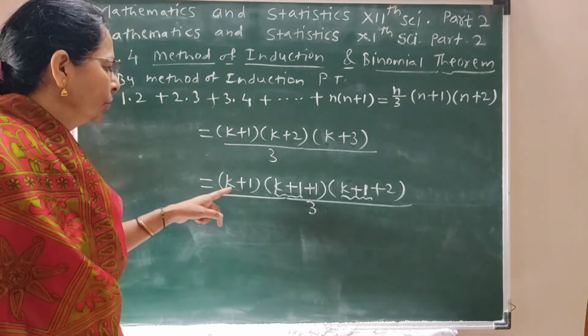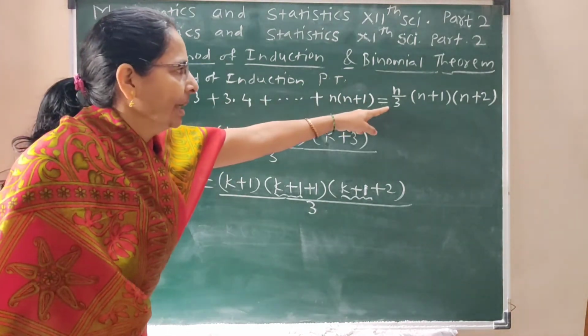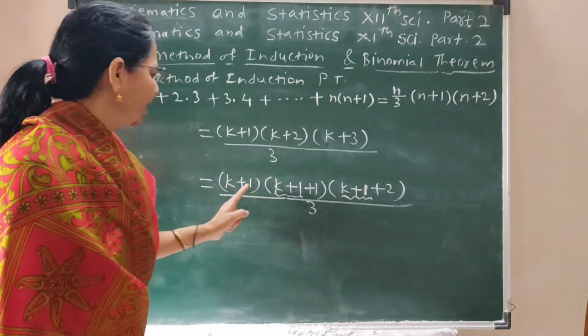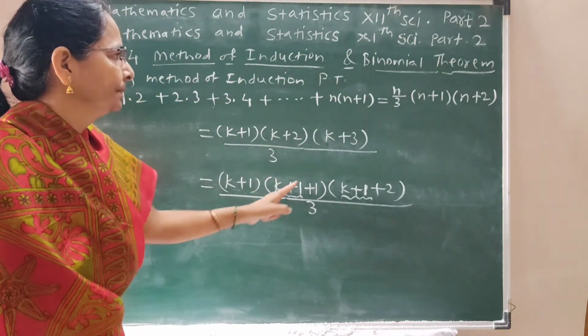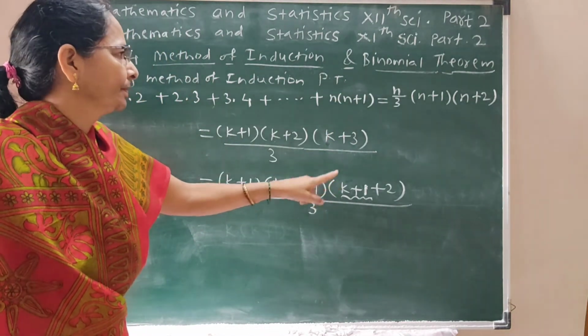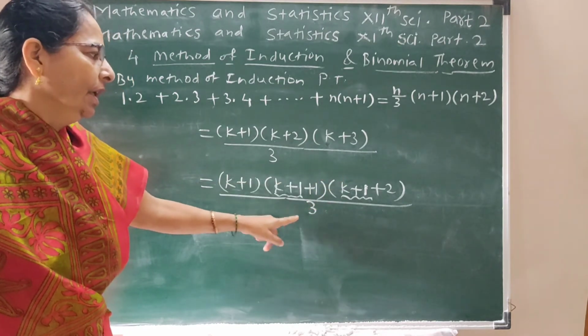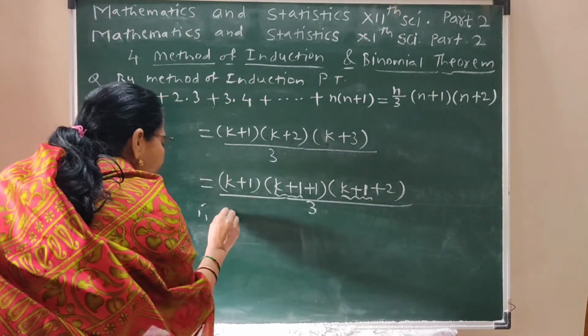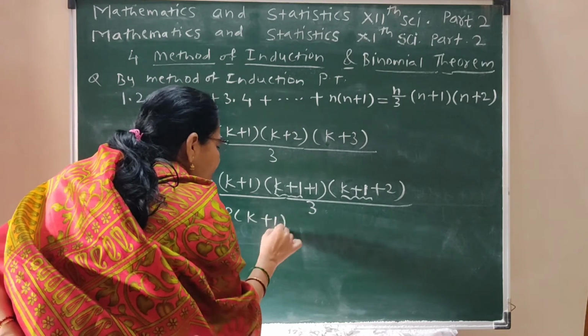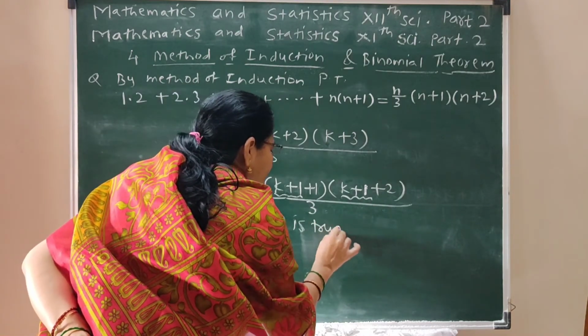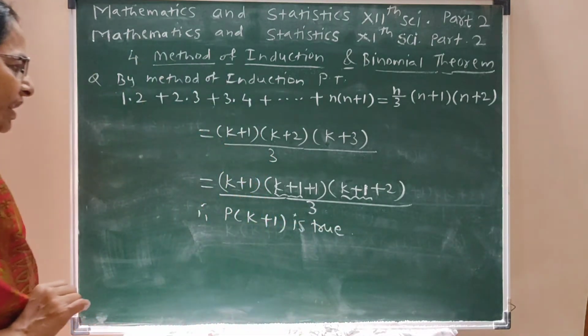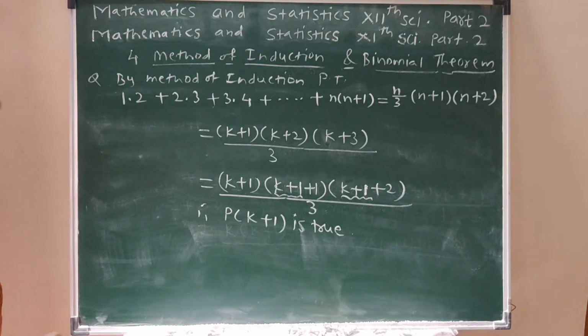After splitting, look at this step. Where there is n, there is k plus 1. Therefore, we say that Pk plus 1 is true.